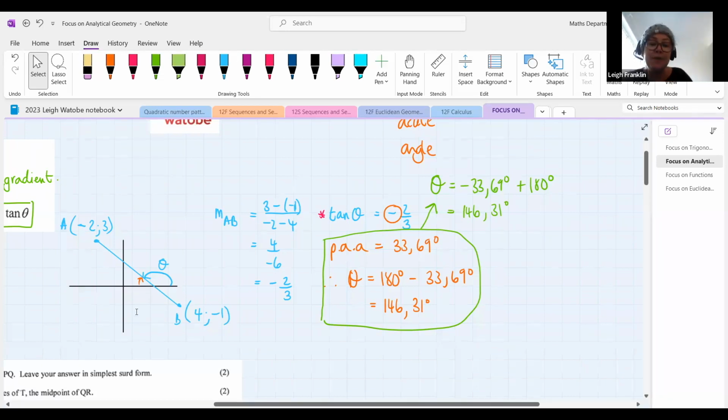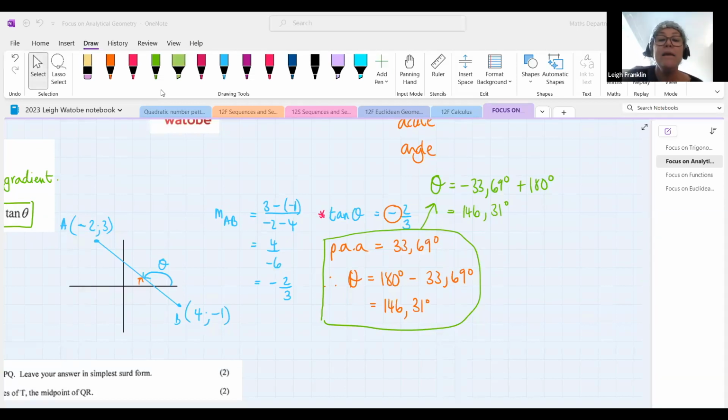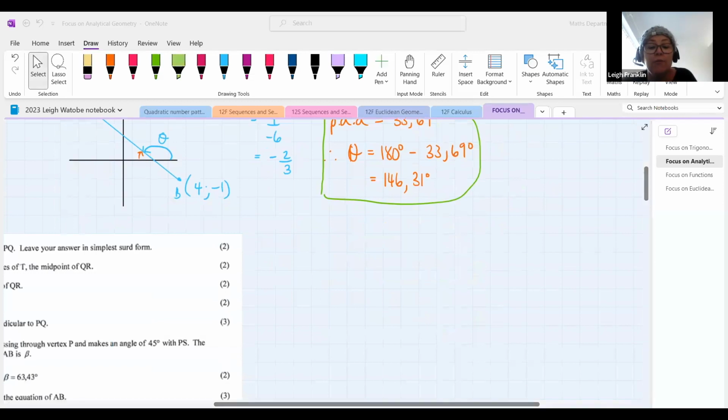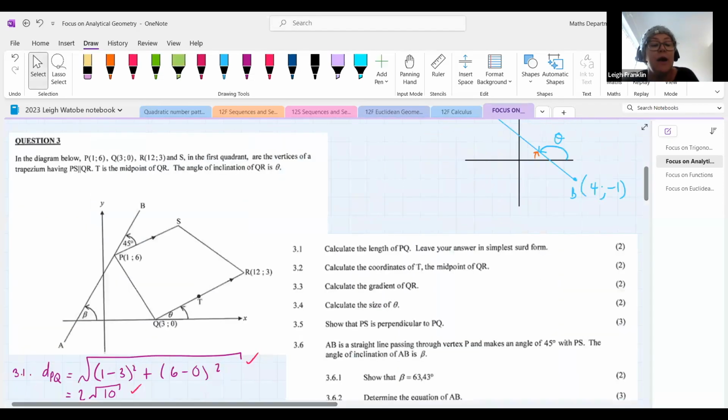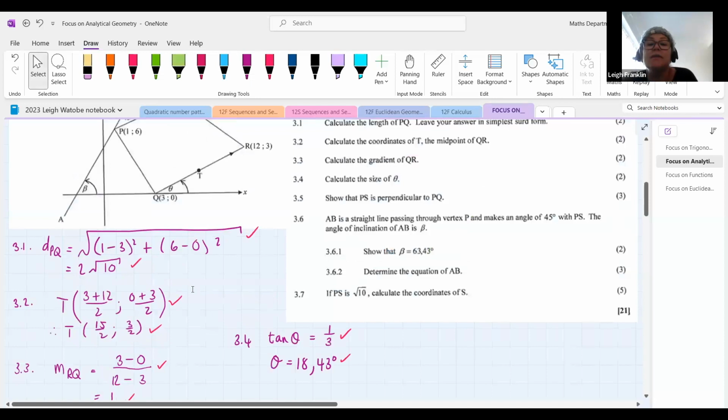Just don't write that theta is 33.69 or that theta is negative 33.69 because it isn't. Yes, absolutely, Gugu. So we're doing what we're doing here in the orange or in the green because the gradient is negative. So that's just something else to be aware of when you are calculating the angle of inclination and the gradient is negative.